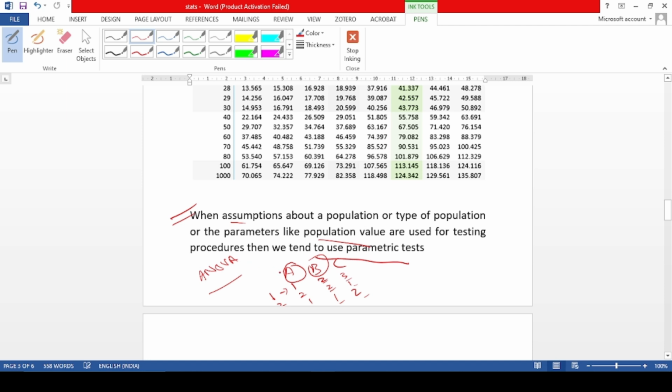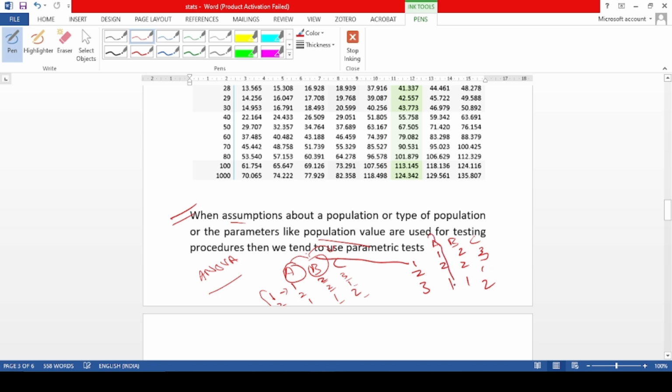Now, ANOVA says that we have to find the difference between these three tests for these three people.